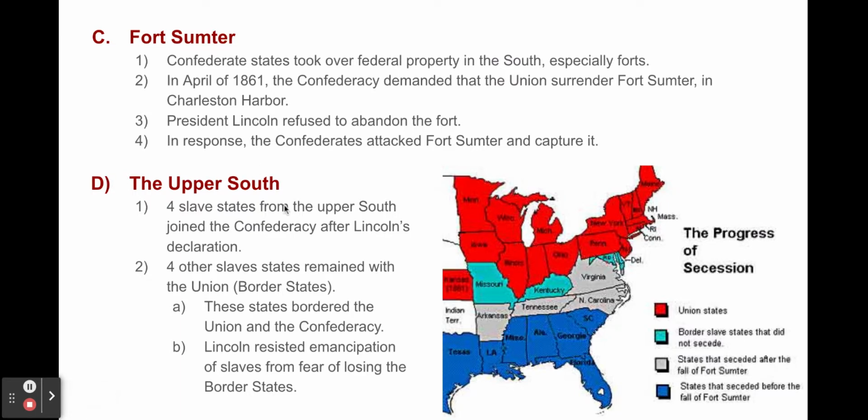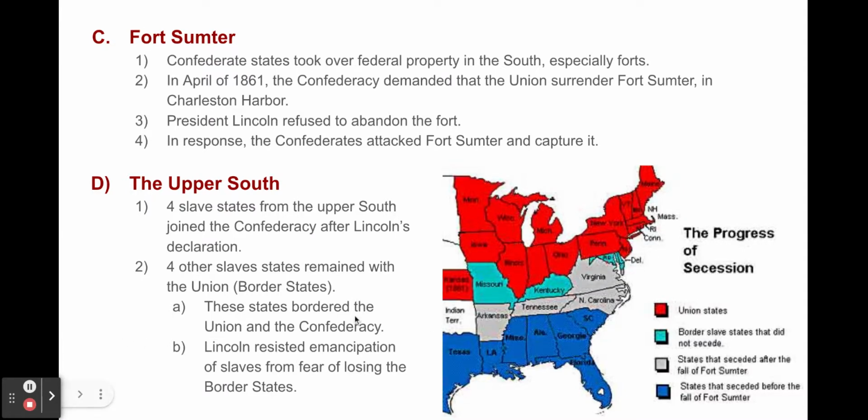As a response, 4 of the states in the Upper South, Virginia, North Carolina, Tennessee, and Arkansas, will join the Confederacy. After this, actually, in Virginia, there's going to be a split off. Western Virginia will leave the state of Virginia and join the United States as a border state.